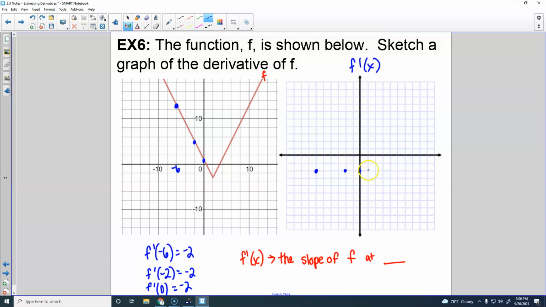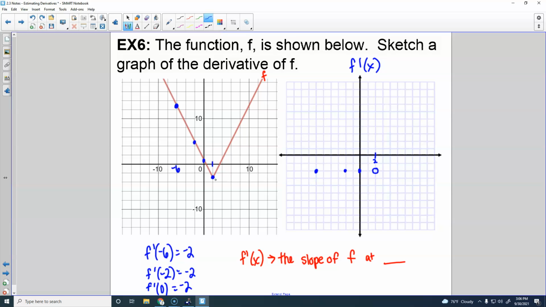At 1. Actually, it's 2 because this is counting by 2's here. So at 2. Now, right there at this point, what's the slope of the line at that point? It doesn't have a slope. It depends on which side you want to look at, right? From the left side, it looks like it's negative 2, but from the right side, it's positive 2.